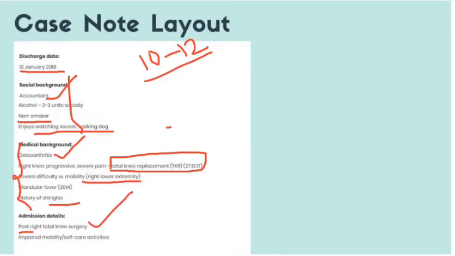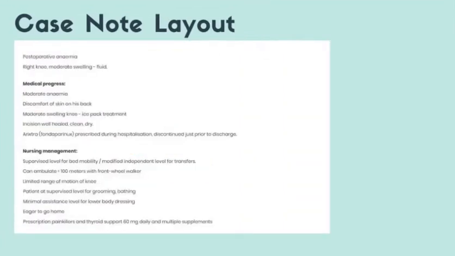So this is the procedure the patient has undergone in the hospital, and the patient has impaired mobility following the procedure. Then there is a case of post-operative anemia. So these are the procedures that the patient has undergone.